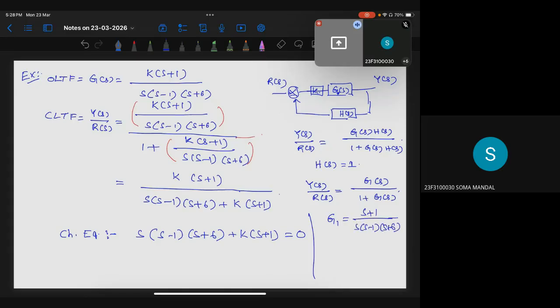Am I correct? And this is G2. G2 is nothing but K. G of s is nothing but G1 times G2. Yes or no? So this is my characteristic equation.